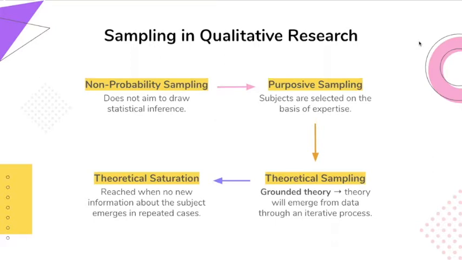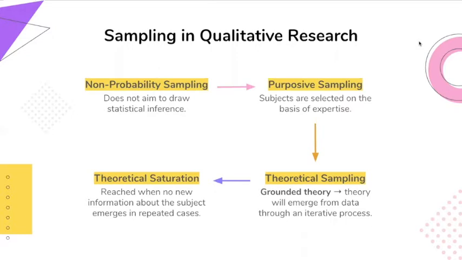One form of purposive sampling is called theoretical sampling. Theoretical sampling also expresses the term called grounded theory, which means the idea that theory will emerge from data through an iterative process that involves repeated sampling, collection of data, and analysis of data until theoretical saturation is reached.